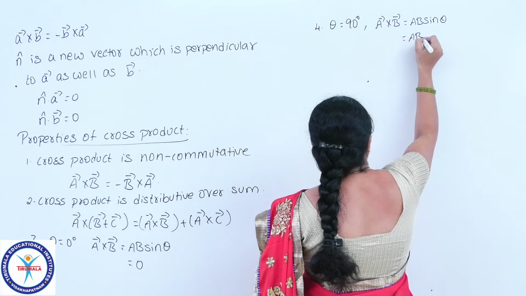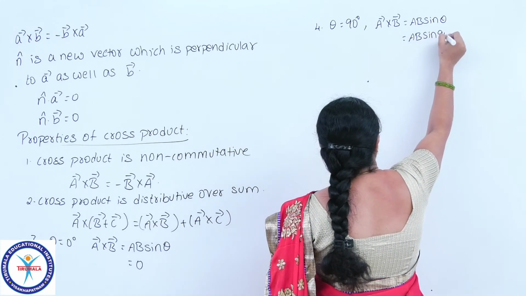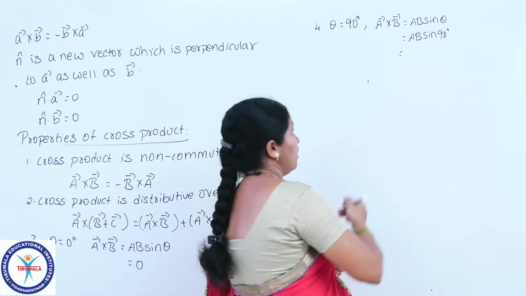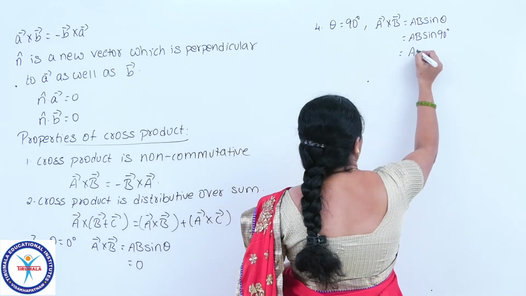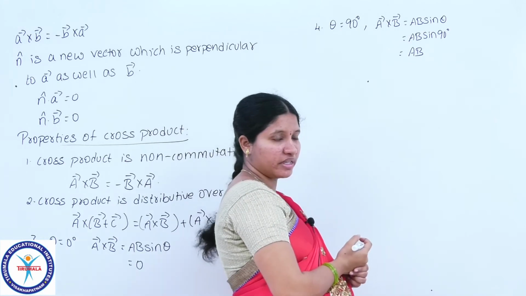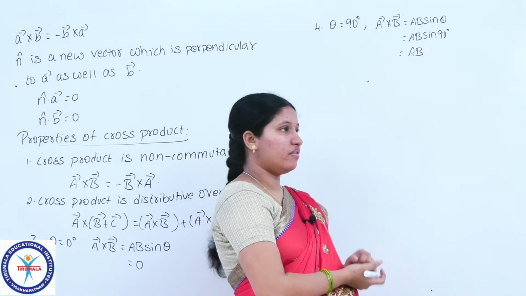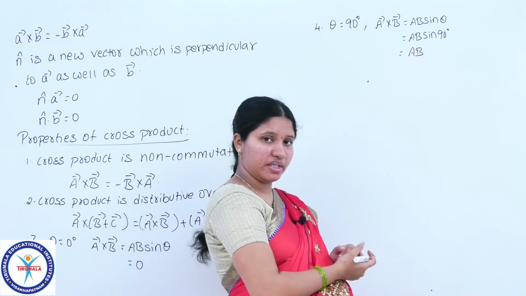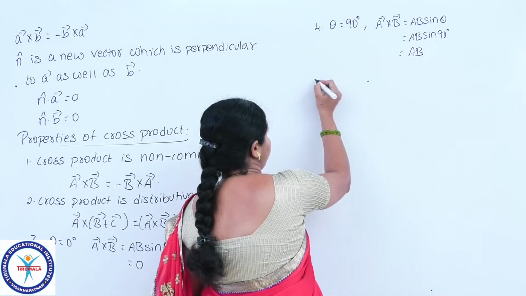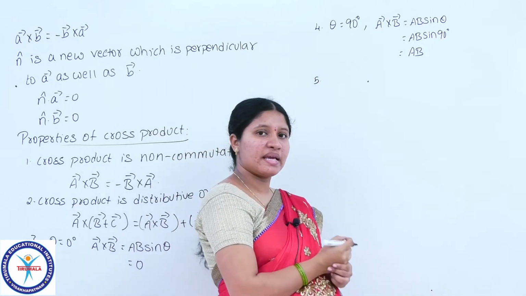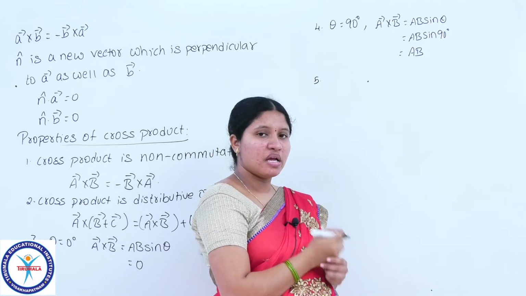Substituting the value of theta, that is 90 degrees, sin 90 value is equal to 1. So simply we can write the magnitude of the cross product as the product of the magnitudes of the given vectors, that is AB.